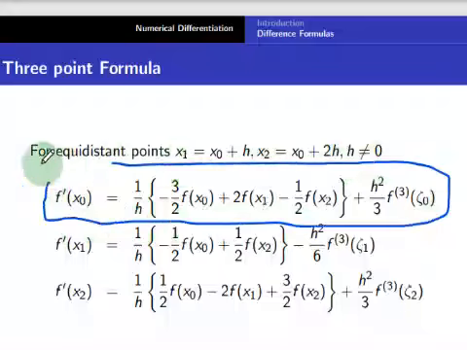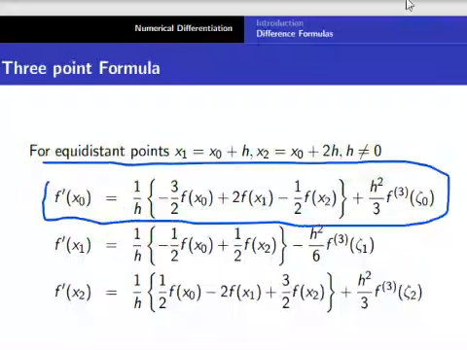I think you understand, this is your xi and this is your xi plus 1, and this is your xi plus 2, which is equal to x naught plus 2h, right?